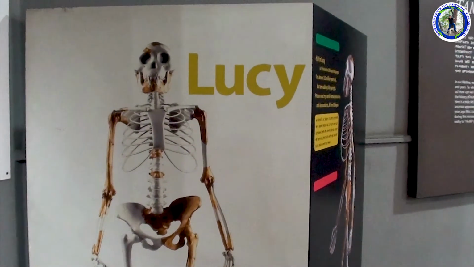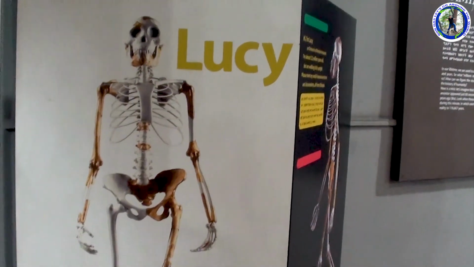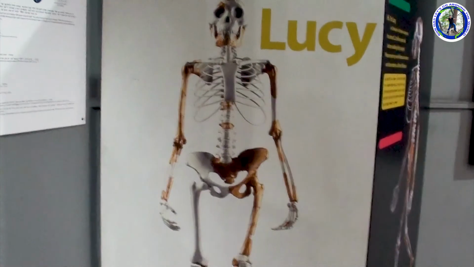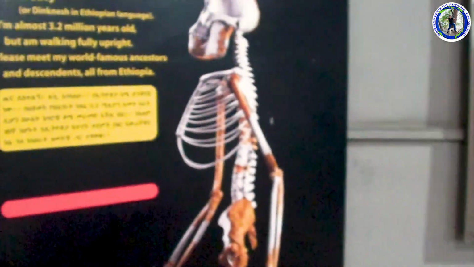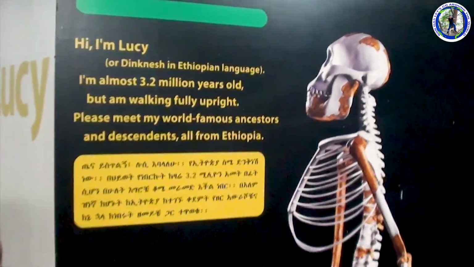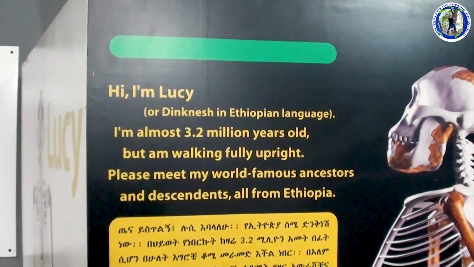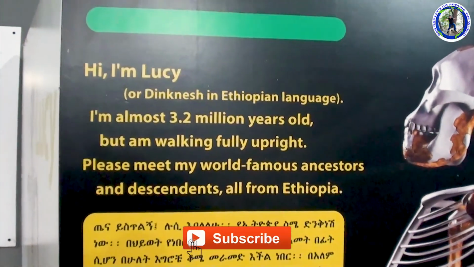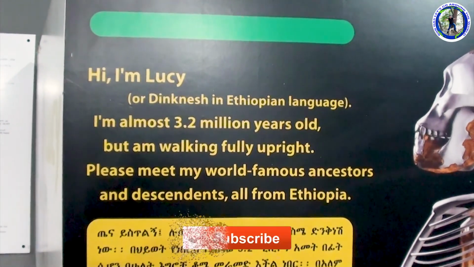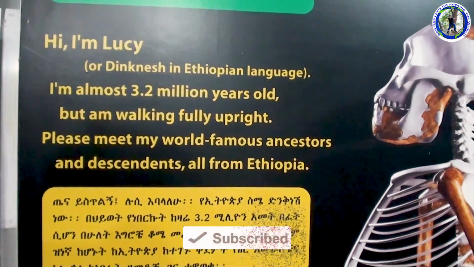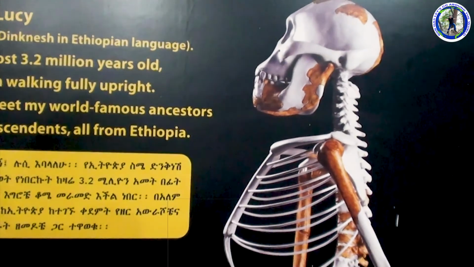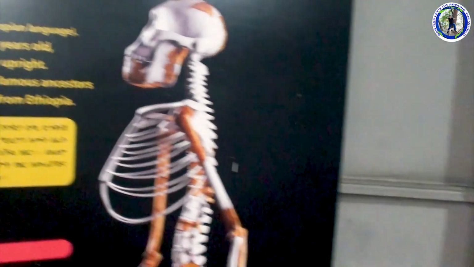This is the most important exhibit, Lucy's fossils. This Lucy fossil is the world's most famous early human ancestor. You see, it's also called Dinkinesh. 3.2 million years old. Lucy was the first Australopithecus afarensis skeleton ever found, though her remains are only about 40% complete.